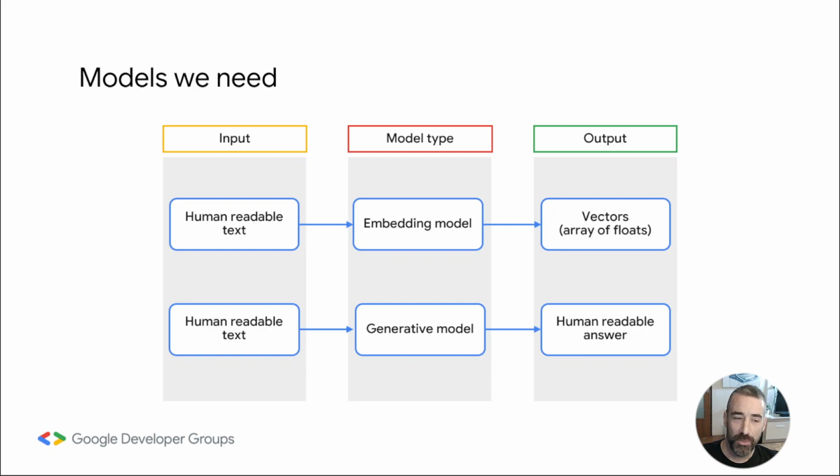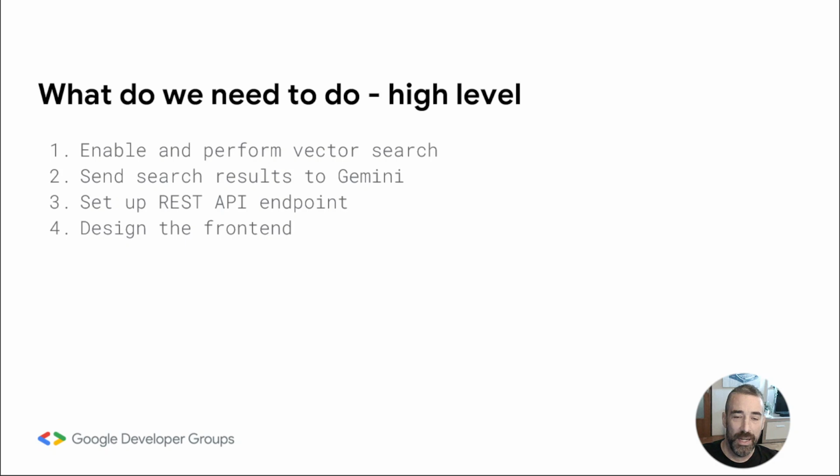And the second model that we'll be using is a generative model, Gemini in our case. How this works is we send some human readable text and we get some human readable answer. This is basically how you interact with Gemini or ChatGPT products, right? At a high level, we need to enable and perform the vector search.